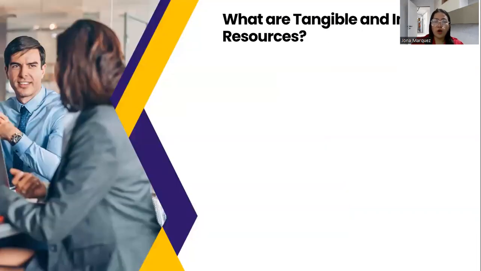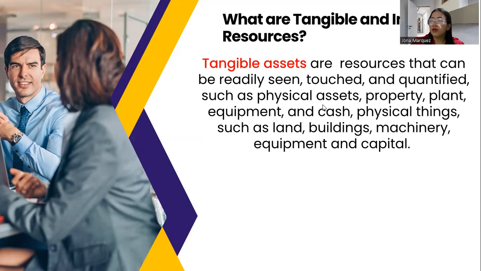What are tangible and intangible resources? When we say tangible, these are the resources that are readily seen, touched, and quantified, physical assets such as properties, plant, equipment, cash, anything that can be touched, no? Building, machineries, and land.